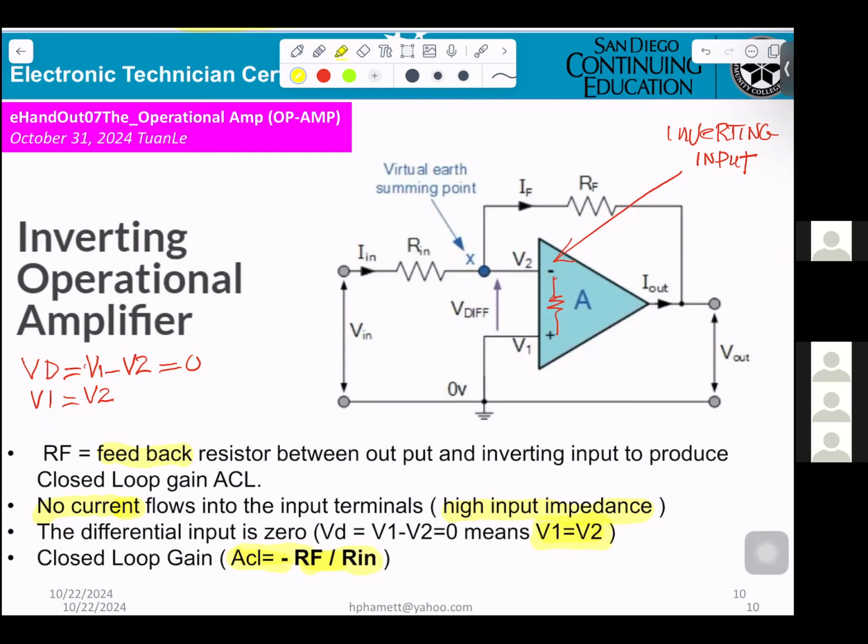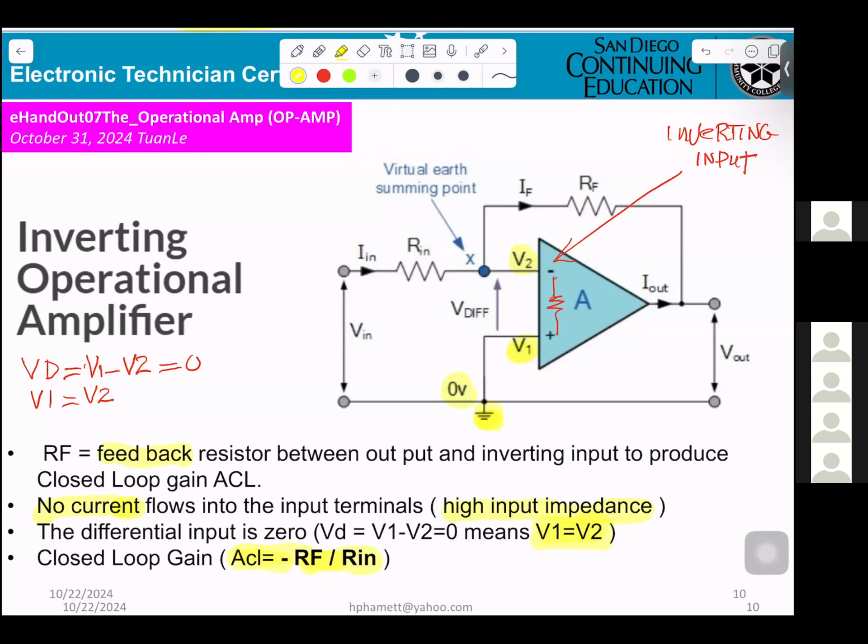Now, first thing, you know V1 and V2 are equal. That means the difference between V1 and V2 is 0. Now, you see that this point is around 0 volt.